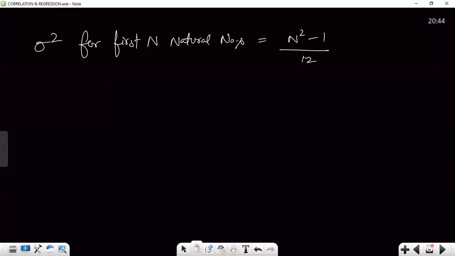This formula will be directly helpful for you in previous year questions in the paper. So if I say 1, 2, 3, 4, up to 10, find the variance of this data. It will be simply (10 square minus 1) divided by 12, where 100 minus 1 is 99, so 99 by 12. This is the variance.